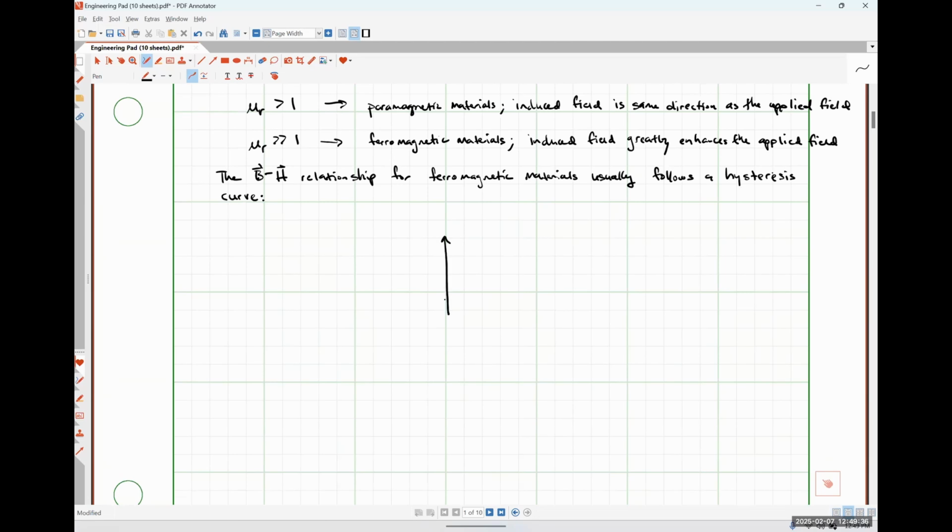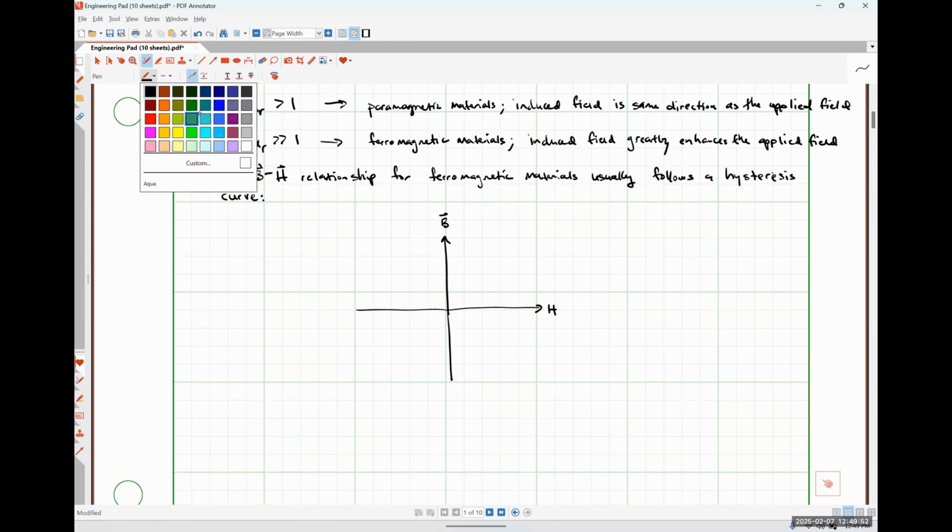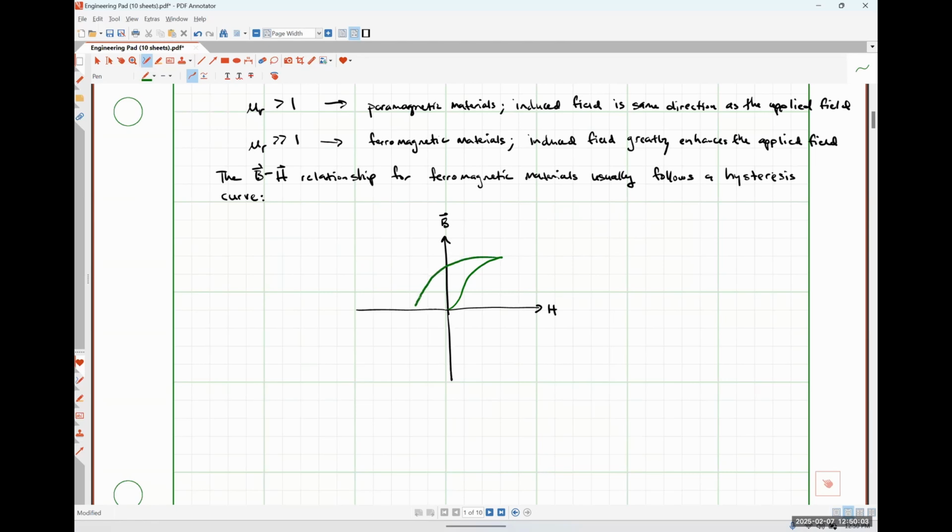So I'm going to put my flux vector B on the vertical axis. I'm going to put my H vector on the horizontal axis like so. And typically we would see a curve that looks something akin to this. And I'll kind of explain what's going on here in a moment.